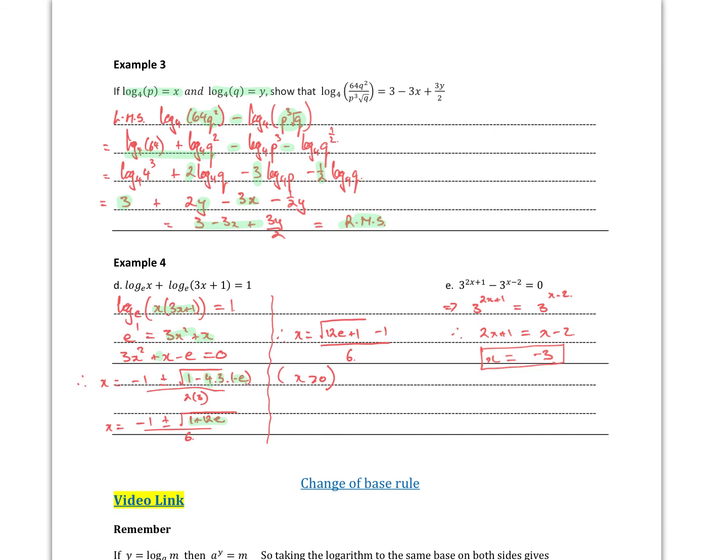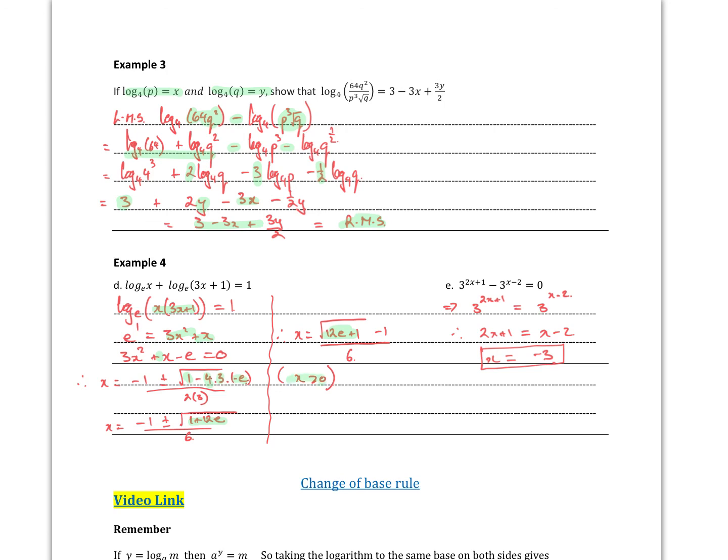We have minus 1 plus or minus the square root of 1 plus 12e on 6. Now, e has to be greater than 0, which means the minus is not going to be a valid solution. So if we just stick with the positive square root, we get the square root of 12e plus 1, subtract 1, all over 6 is our solution.